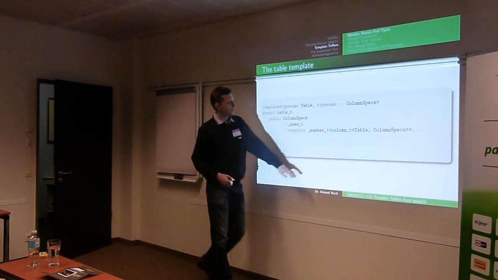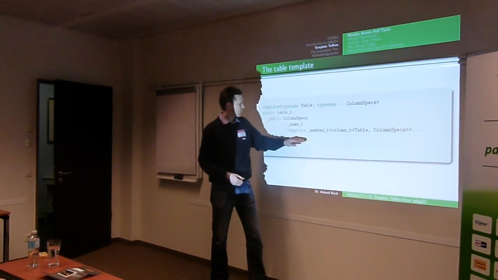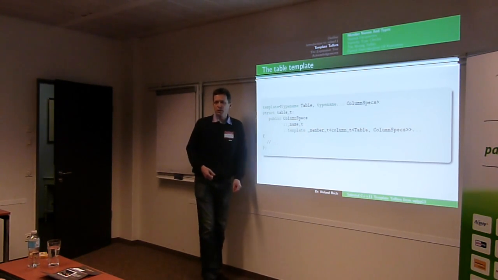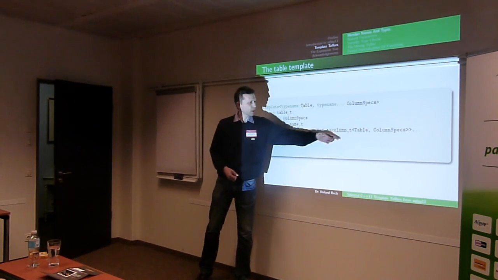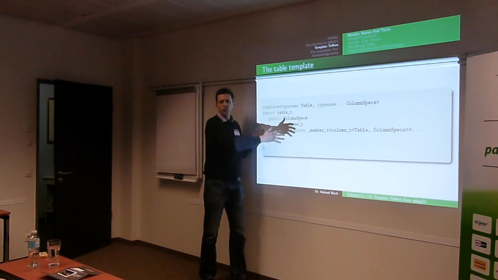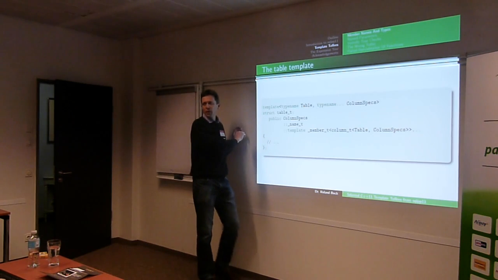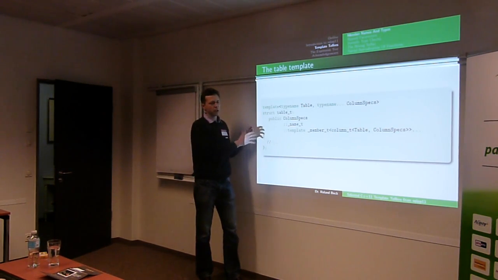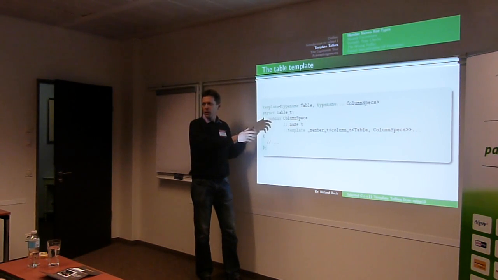And since the specification, including the member type here, is part of the column, or is known to the column, you can then later on forward this to other places in your template expressions, and then also construct result rows from that.